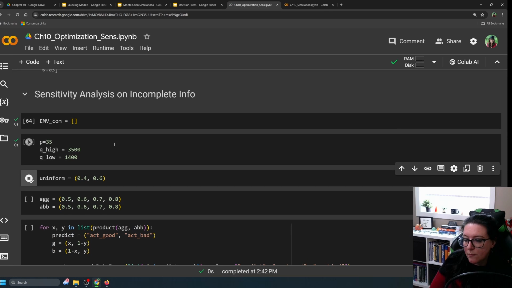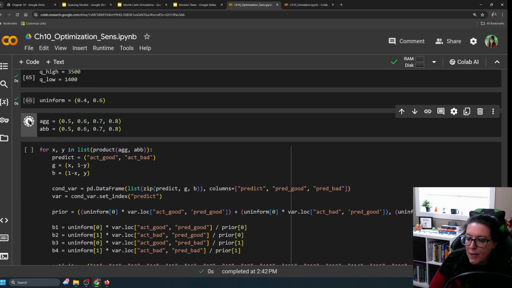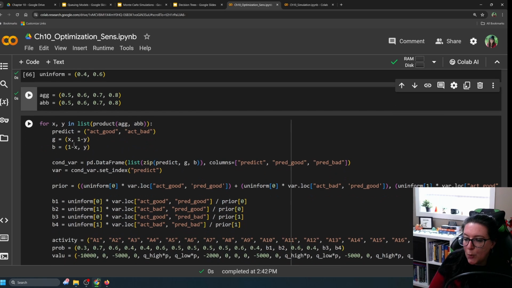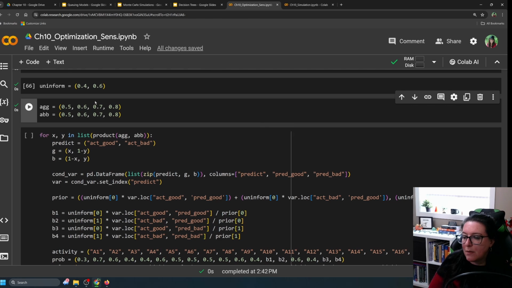So what you would do if you're going to do the sensitivity analysis with the expert's accuracy is that we would, inside of our loop, and we're going to loop through X and Y. So X is going to be here for the probability that they're actually right when it's good. So it's actually good when it's good. That's the AGG. And the ABB is actually bad when it's bad. That's where these came from.